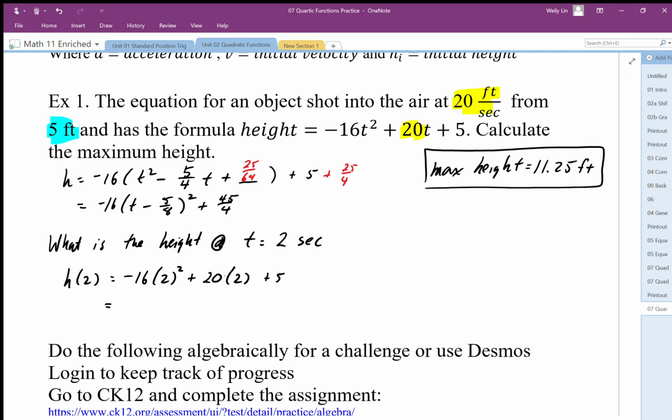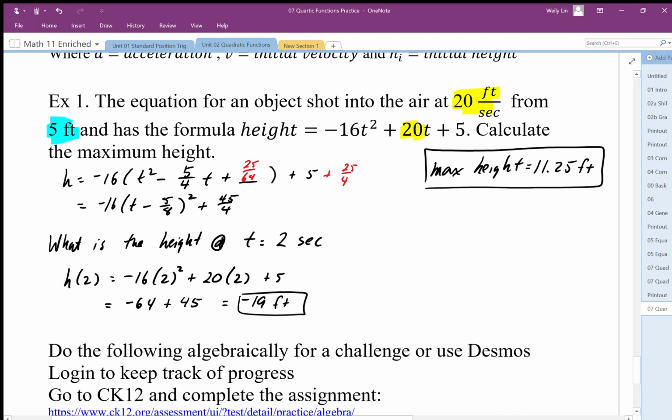It's going to hit the ground before that, so we're going to end up with a negative height. It looks like 16 times 4, negative 64, plus 45. So the height is going to go below the surface. It looks like it's going to be negative 19 feet below the surface.